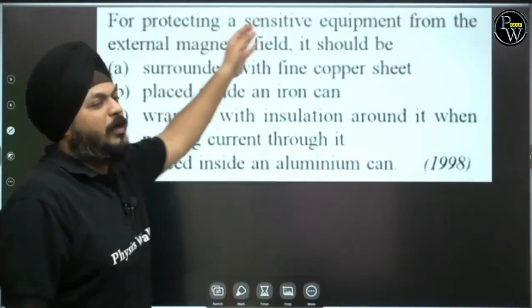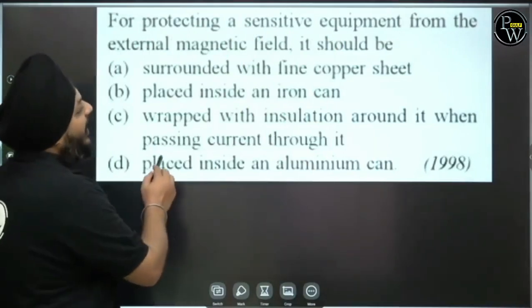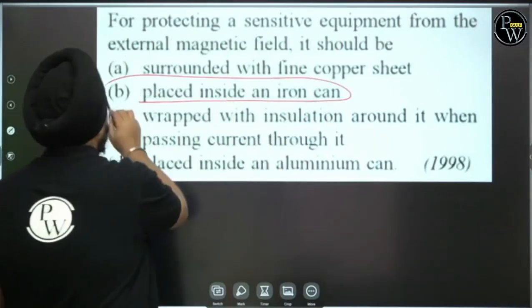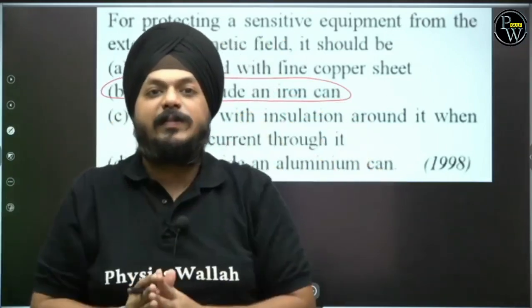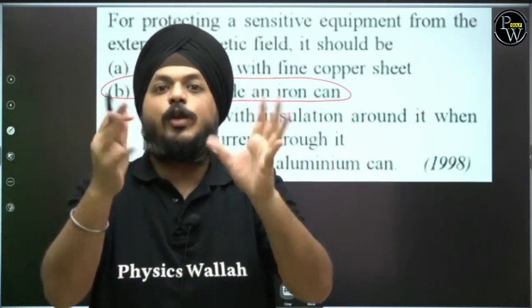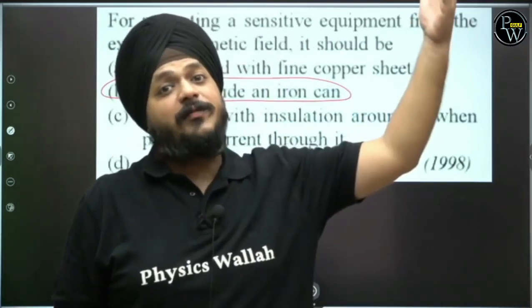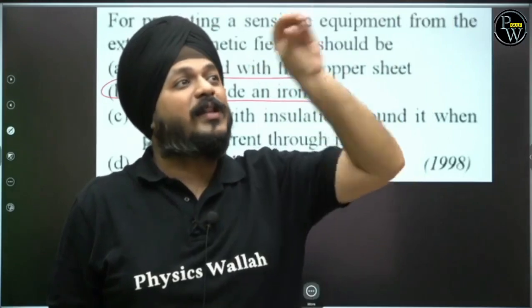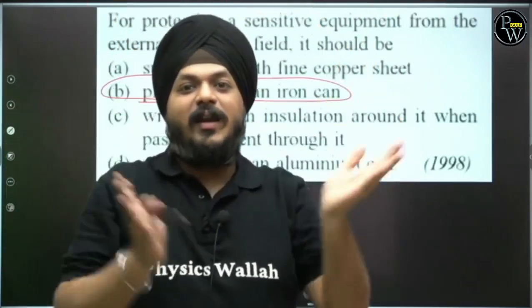This is very simple. To protect sensitive equipment, you have to keep it inside the iron. Because inside the iron can, there is a vacant space, and in vacant space we have no magnetic field. Like electrostatic shielding we have seen in electrostatics, if you keep the charge in the free space, shielding will occur.